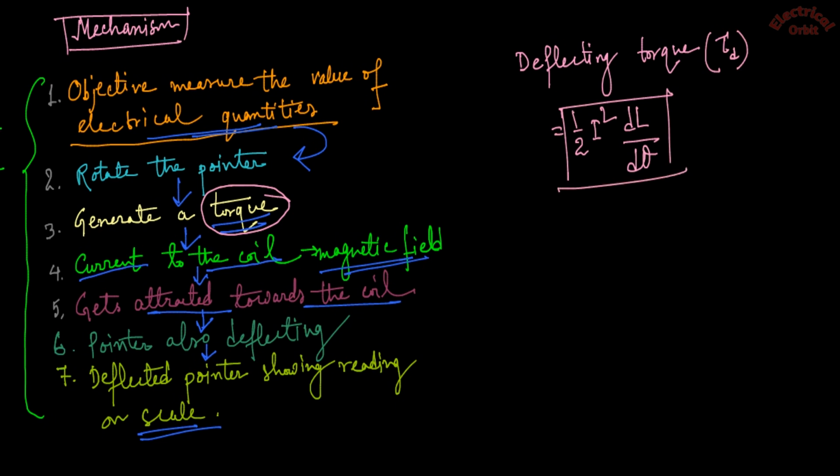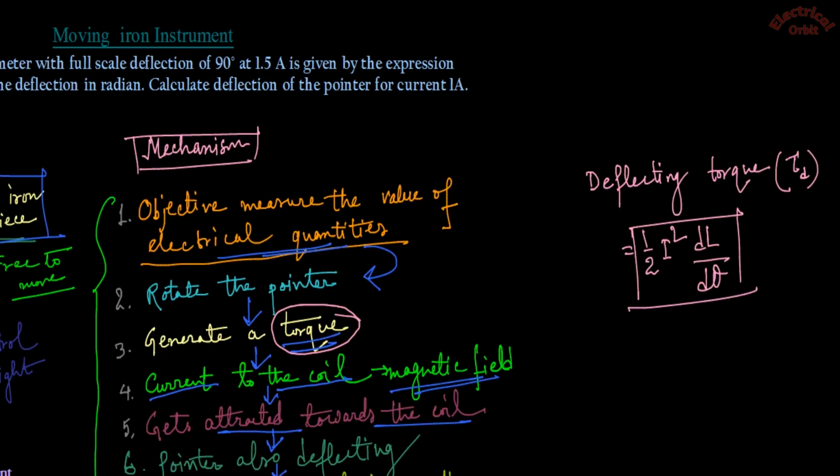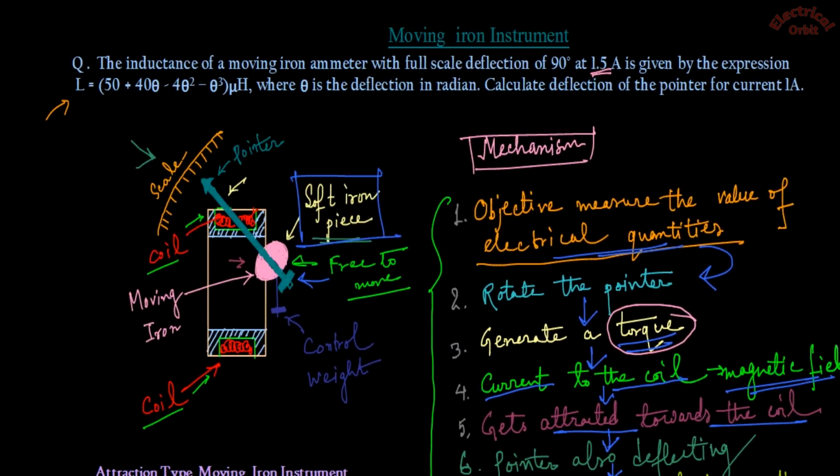Now what is I here? In the question, the value of current that is passing through the coil or the instrument is I. Now what is L here? L is the value of the inductance of this coil.